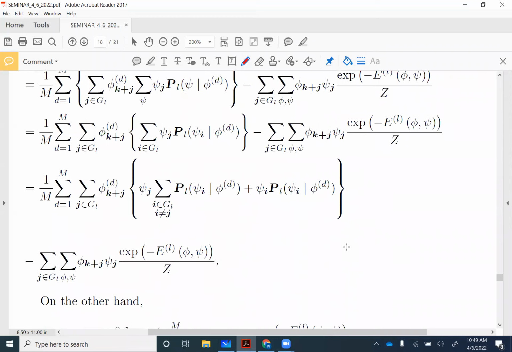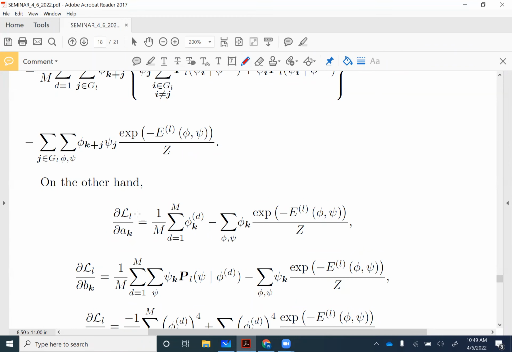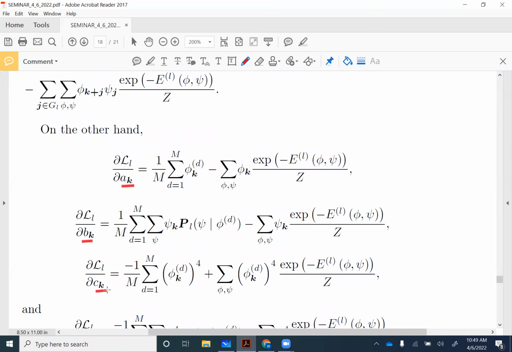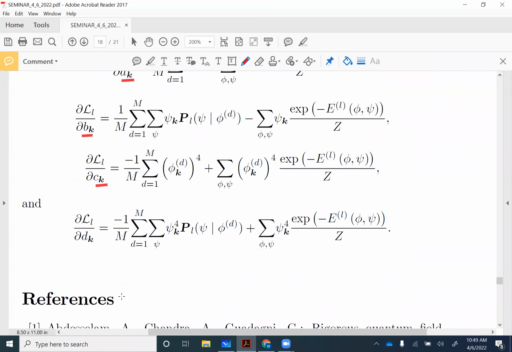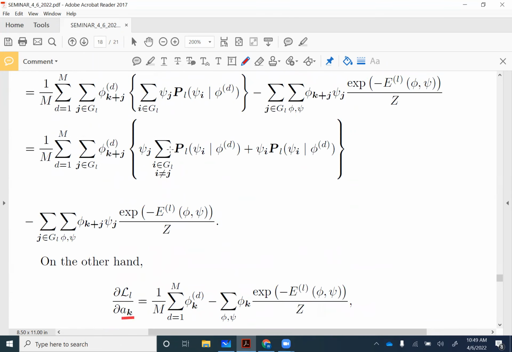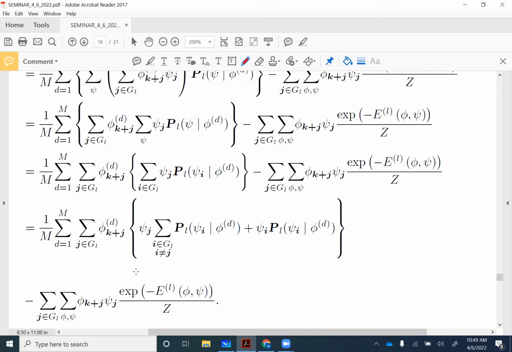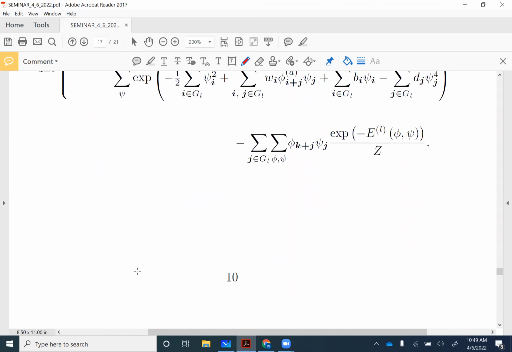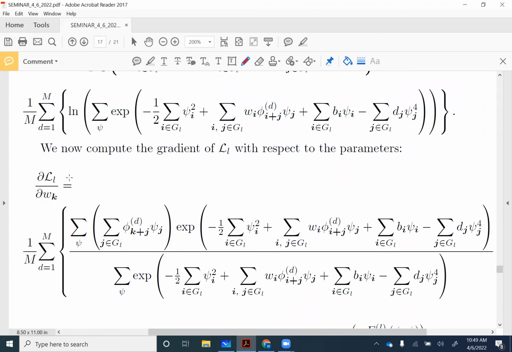This is the derivative of the log likelihood function with respect to the parameters A_k, B_k, C_k, D_k, and I think that this large expression is the derivative of the log likelihood function with respect to W_k. Let me go back to the beginning.